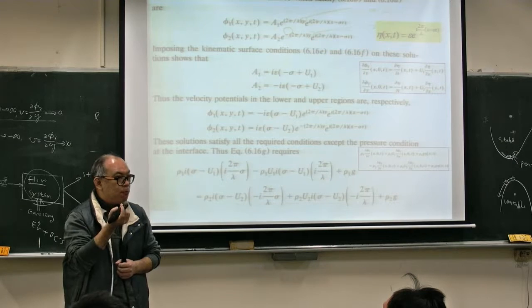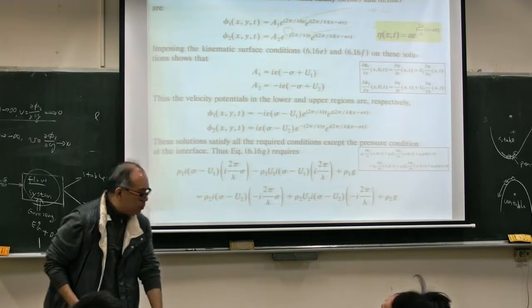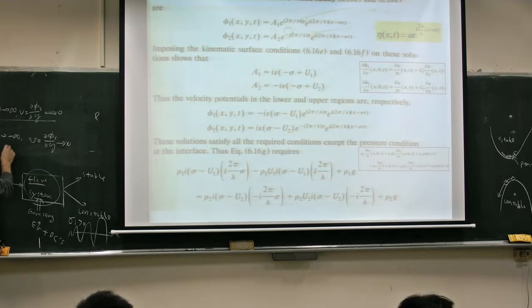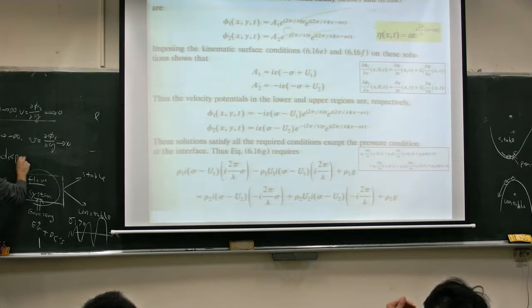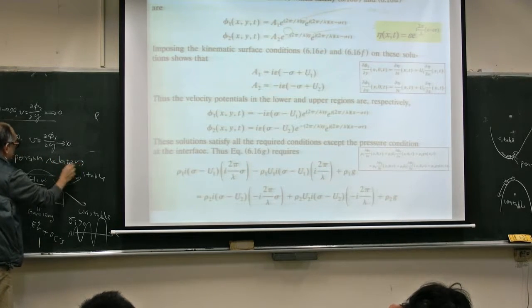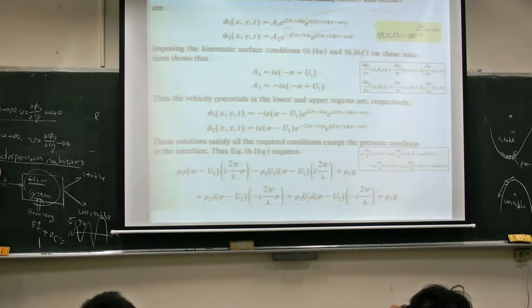As you can see from before, the dynamic boundary condition gives us the dispersion relation, right? As you remember, what is a dispersion relation? The dispersion relation relates the wave speed c and the wavelength lambda.